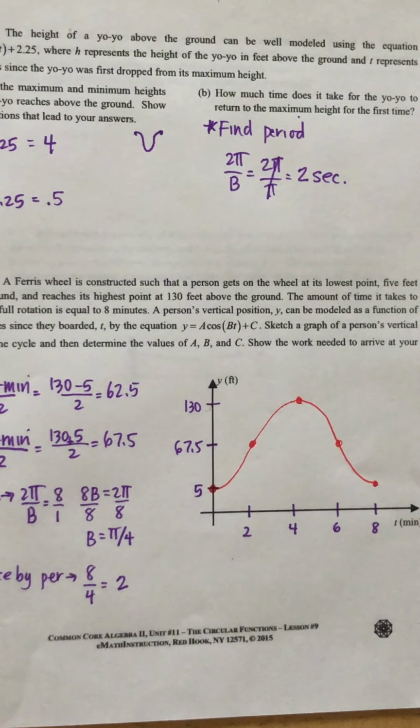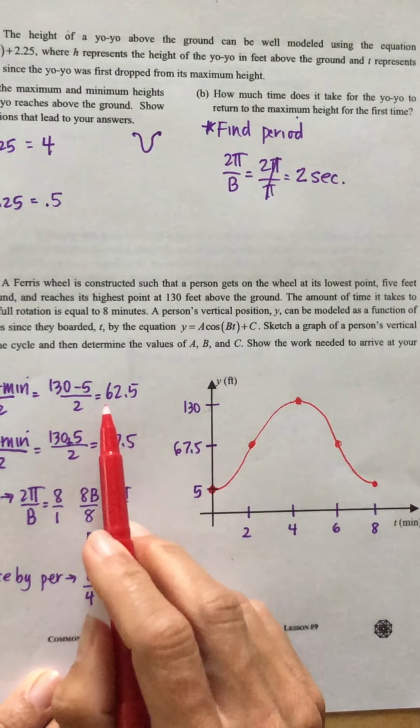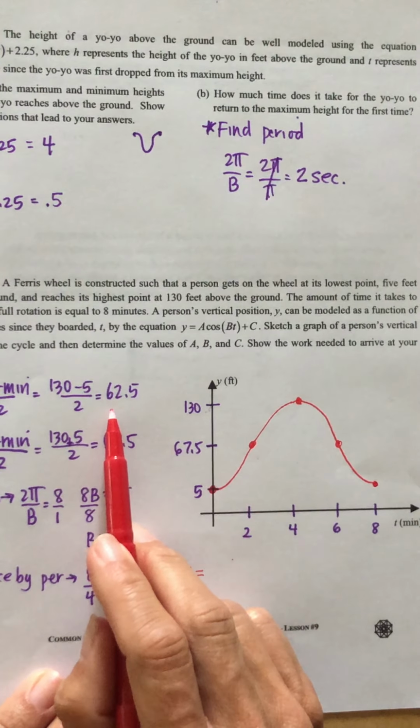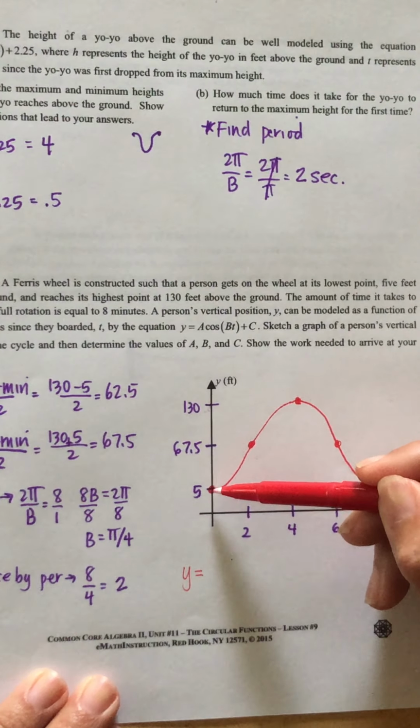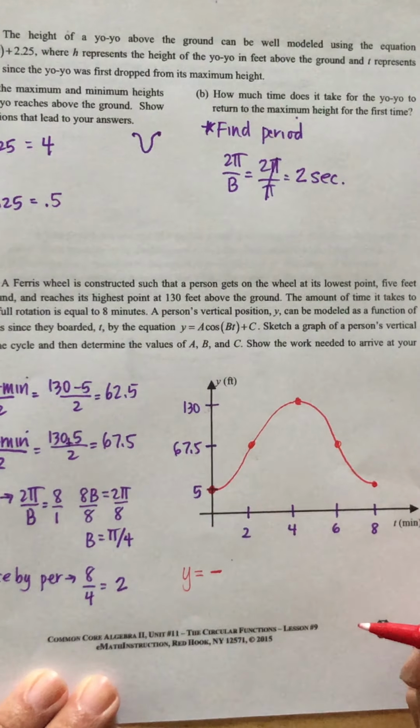Now, writing up the equation, this is really important. You have y equals. Now, our A here is positive, 62.5, but we know we sketched a negative cosine curve. So you have to make sure that you take into account it's a negative cosine curve.